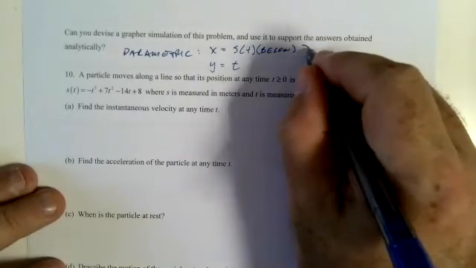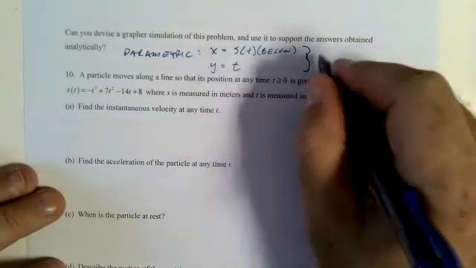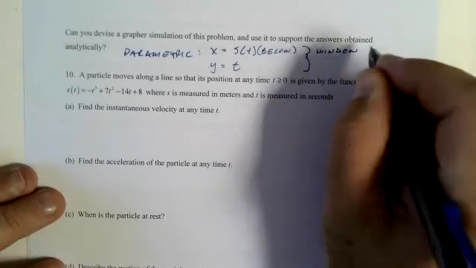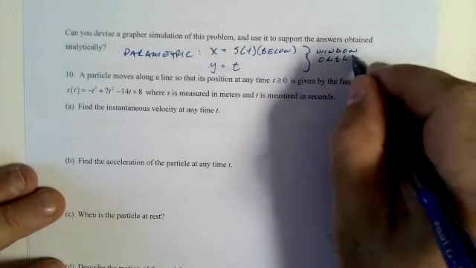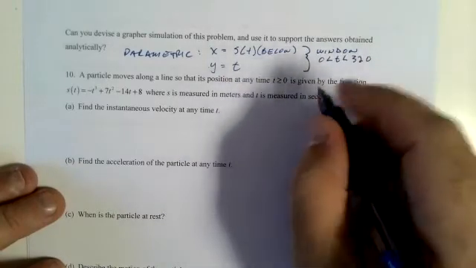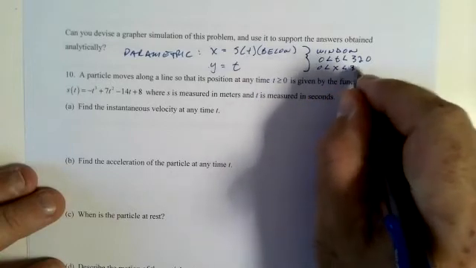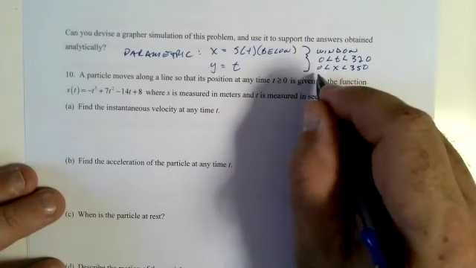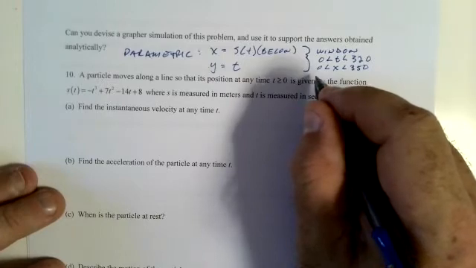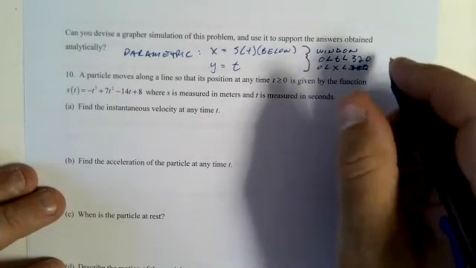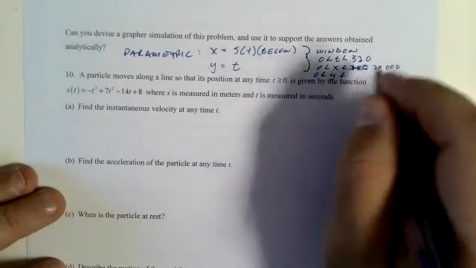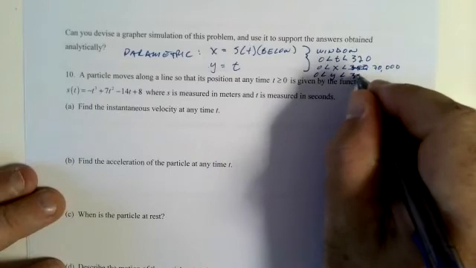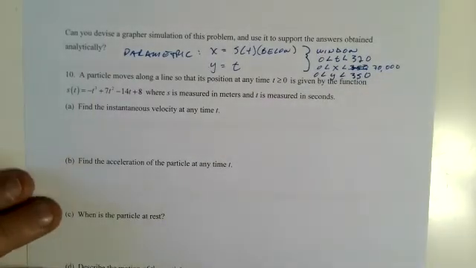I would create a window: 0 less than t less than 320, and 0 less than x less than 70,000. No, I got them backwards. 0 less than y less than 350. And off we go.